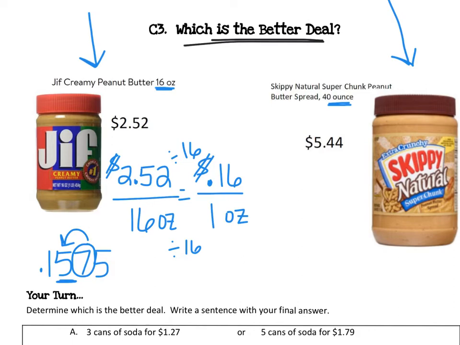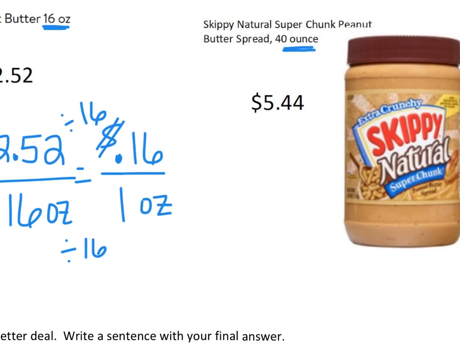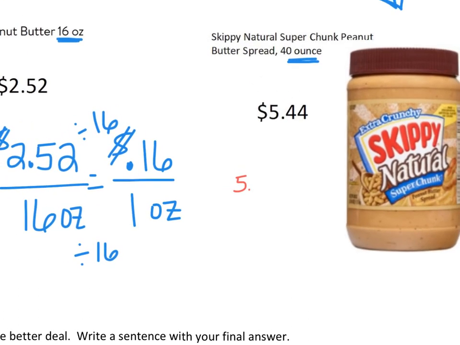All right, now let's take a look at Skippy and see what Skippy's going to be. Again, we want to do money on top, so $5.44 for 40 ounces of peanut butter this time.